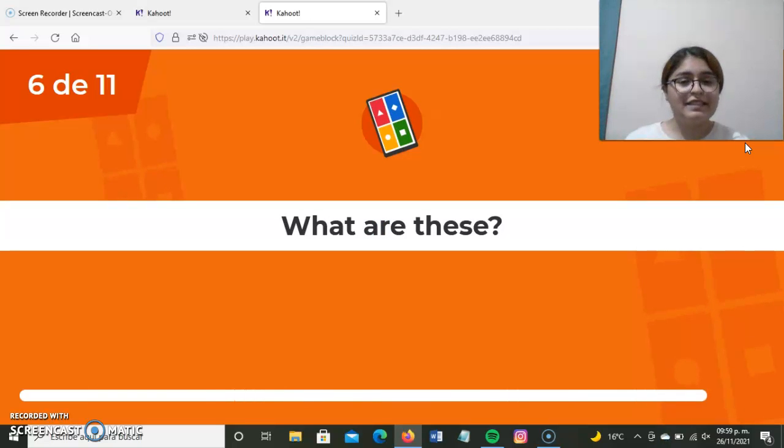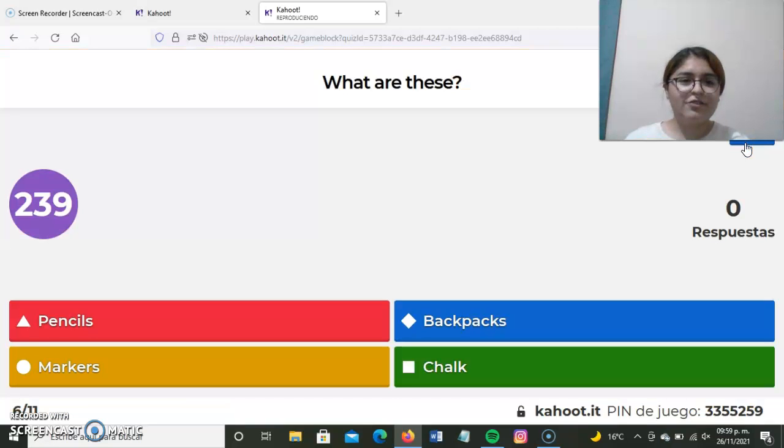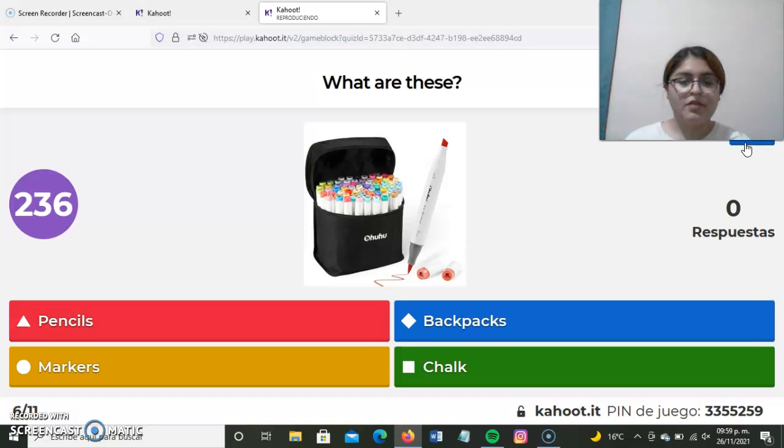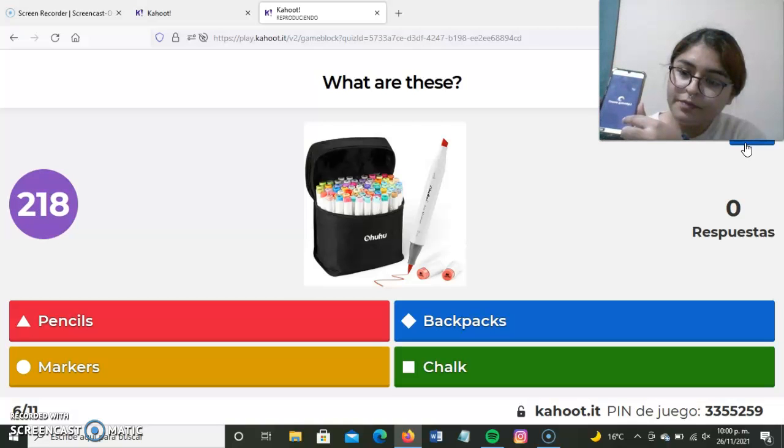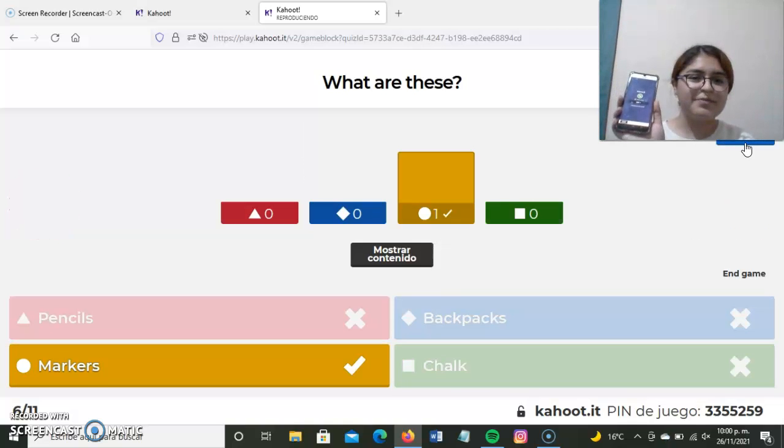What are these? ¿Qué son estos? Think about it. Okay, these are some markers.